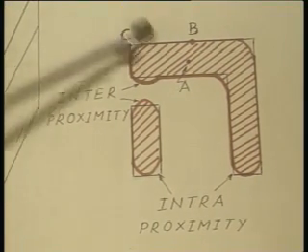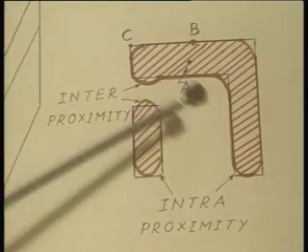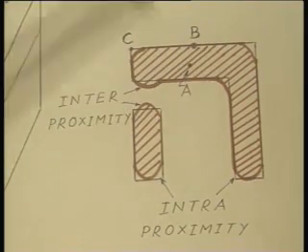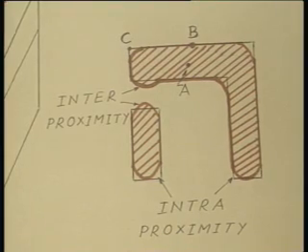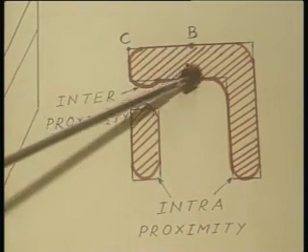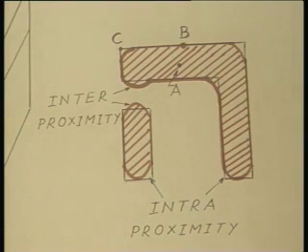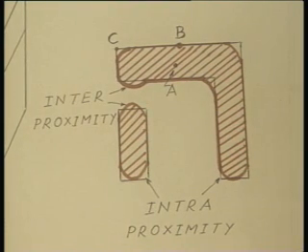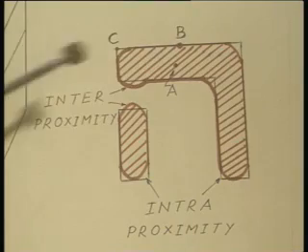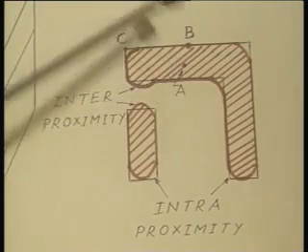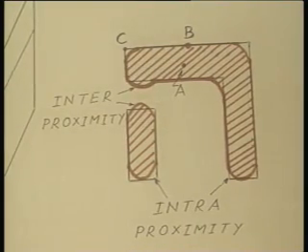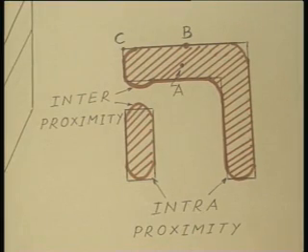Let us take 3 points in this L-shaped pattern, point A, point B and point C. You see, all the points surrounding A must also be exposed to the E-beam irradiation. Therefore, point A is actually receiving the maximum benefit of the E-beam radiation.